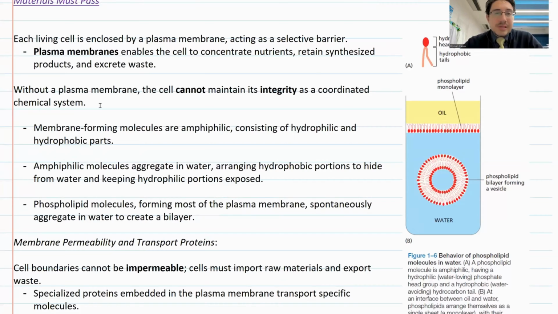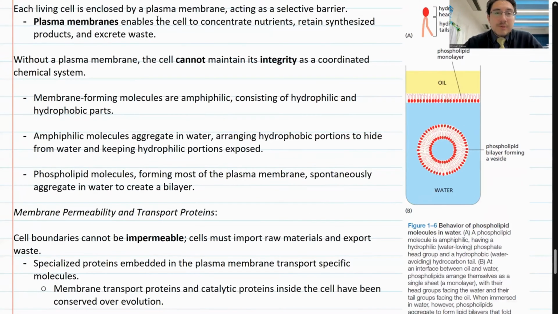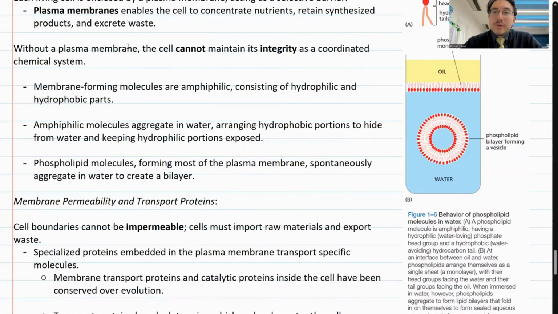is incredibly interesting. As you may know, living cells are enclosed by a plasma membrane, or cell membrane, that acts as a barrier, incredibly selective, that essentially enables cells to concentrate nutrients on one side of the cell, in the extracellular matrix, and so forth.